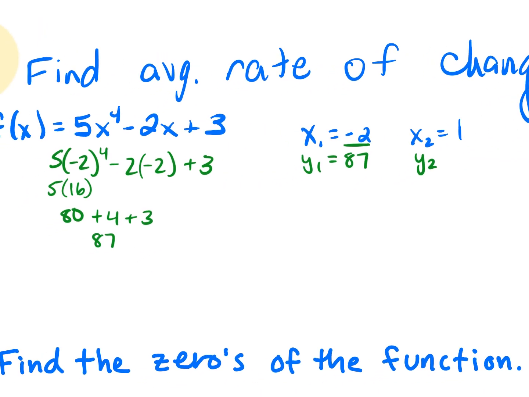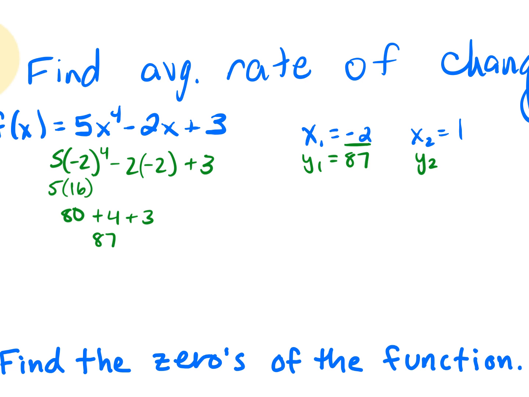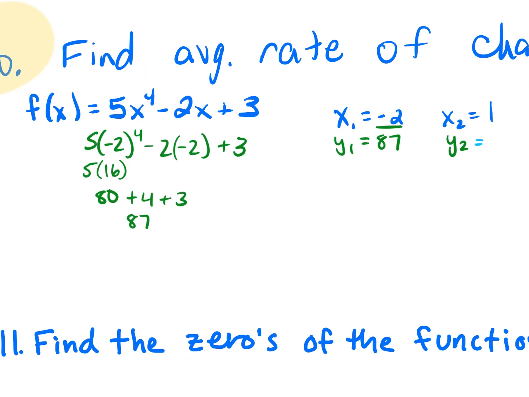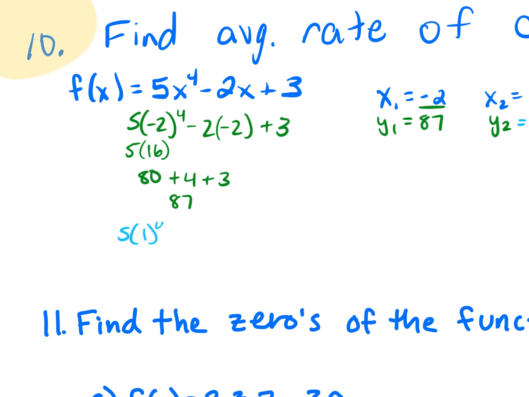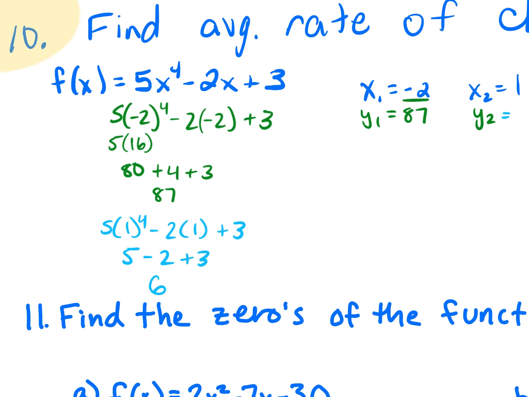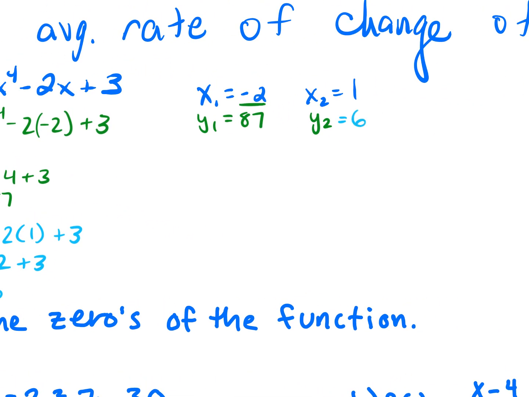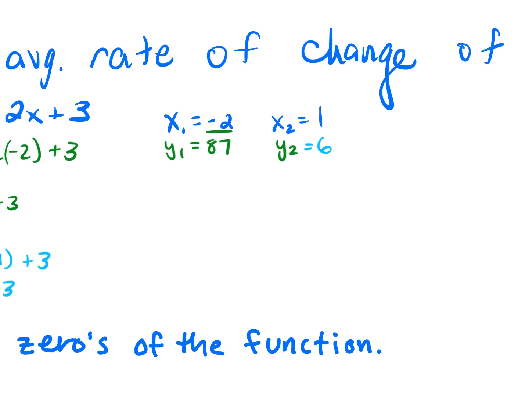How would we find y2? David, what would we do to find y2? Plug in the 1. So we have 5 times 1 to the 4th power minus 2 times 1 plus 3. So 1 to the 4th power would be 1 times 5 is 5 minus 2 plus 3. So this would be 6. Now once I have my y1 and my y2, for rate of change, that is the slope.